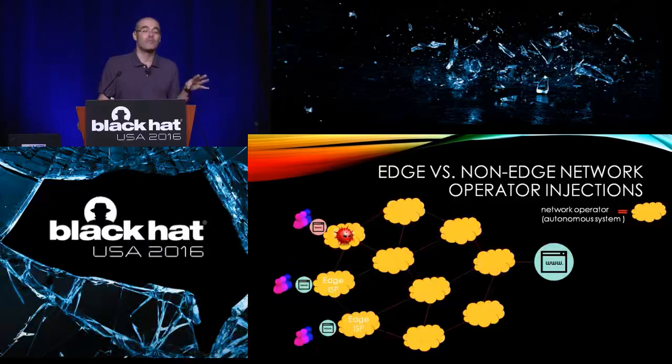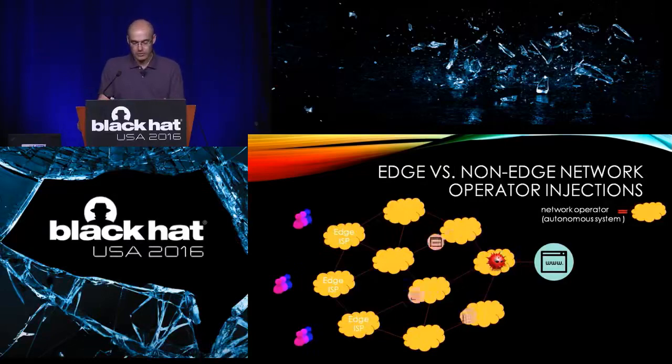In this work, we are the first to notice that non-edge ISPs also inject advertisement, and this is much more serious because now they can inject advertisement to all internet users because they simply control all the traffic coming out of the web server.